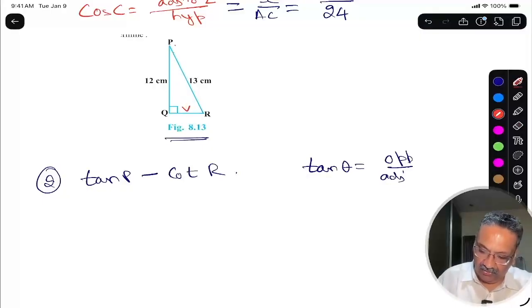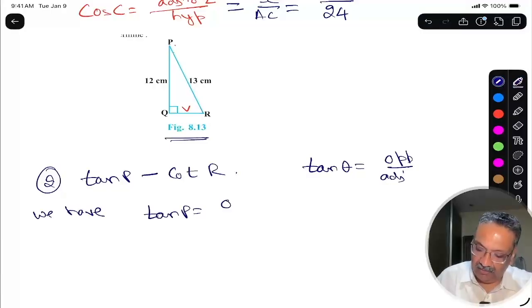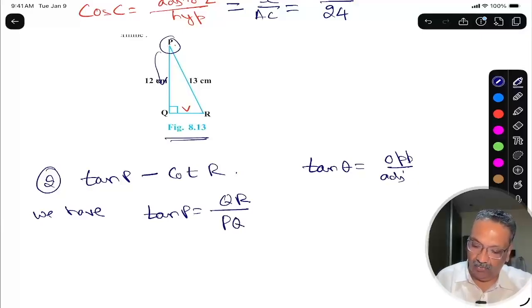So tan P is equal to opposite by adjacent. Opposite to P is QR. So QR divided by what is adjacent to P? Adjacent to P is PQ. Okay, so we'll keep it as it is.